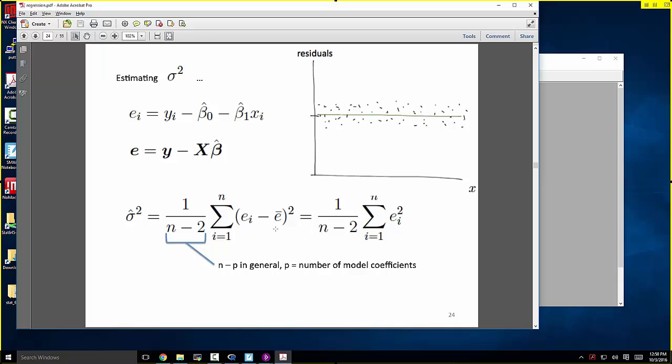We're fitting a line that goes through the middle of the data, and going through the middle of the data means that the average residual equals 0. Long story short, we can estimate this residual variability, sigma squared, using the residuals.